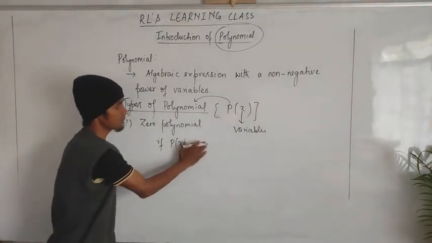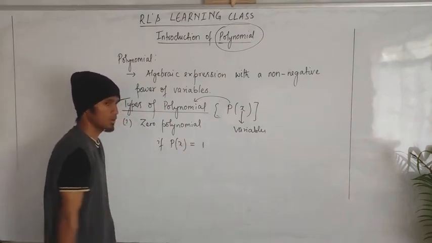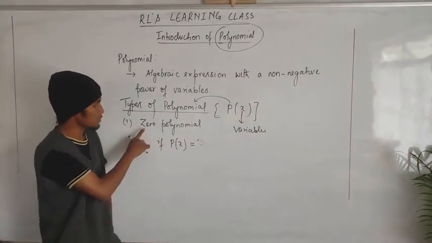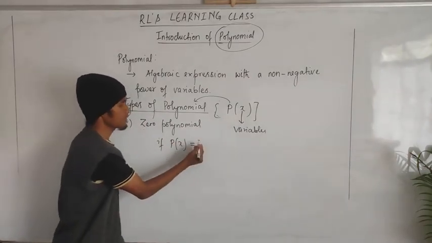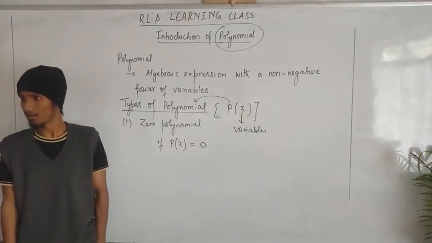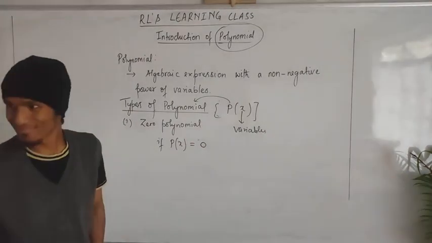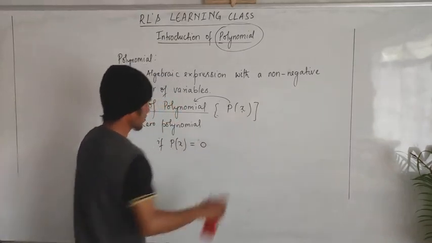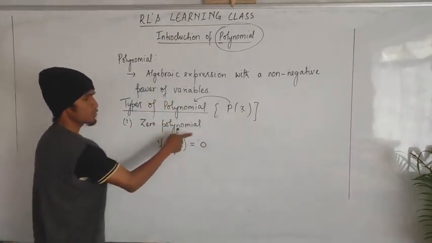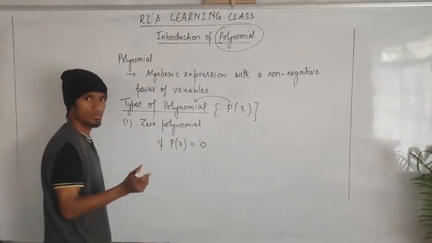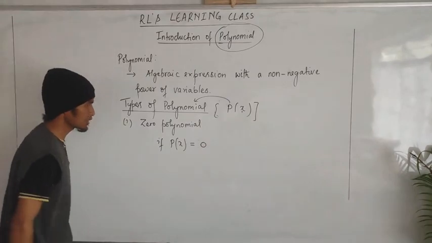But if we get some value, for example 1 or 2 or 3 or whatever number, then that is not a zero polynomial. But whenever we get 0, then that is a zero polynomial. What is a zero polynomial? If the whole polynomial is equal to 0, then that is called a zero polynomial.